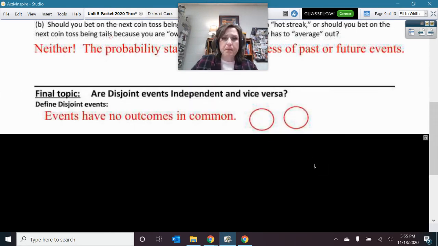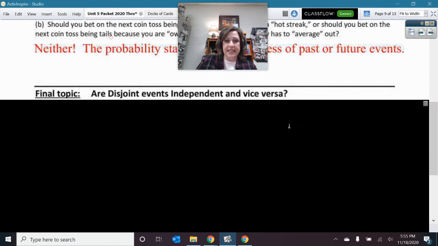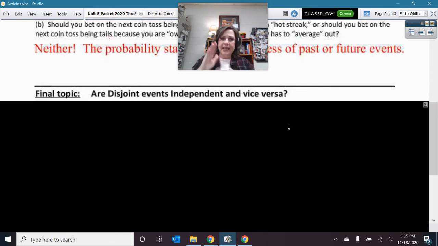All right. Last topic. We want to discuss this connection between disjoint and independent, okay? Because it is a big misnomer and a big misunderstanding that those two things are related or have to do with each other. A lot of times people think that if you have disjoint events, then they are independent of each other. Okay.